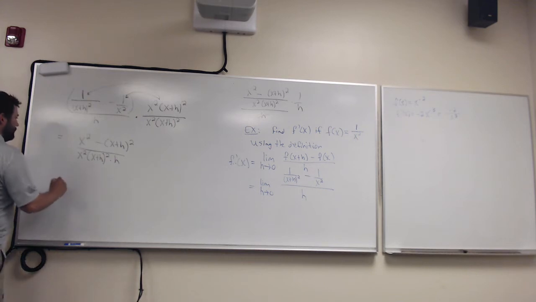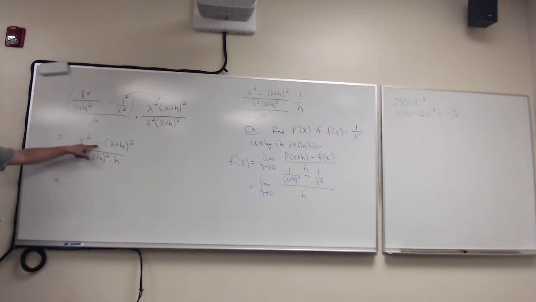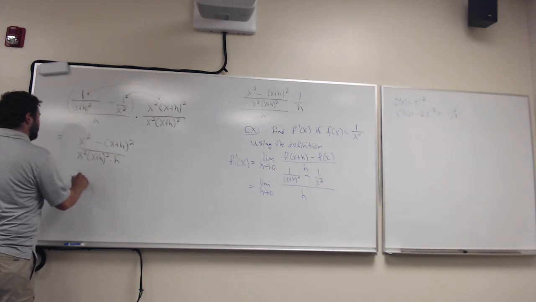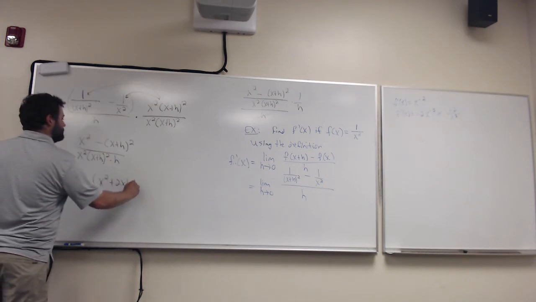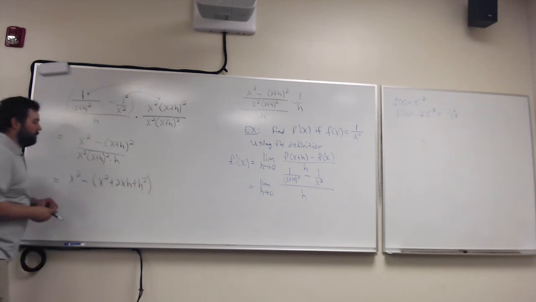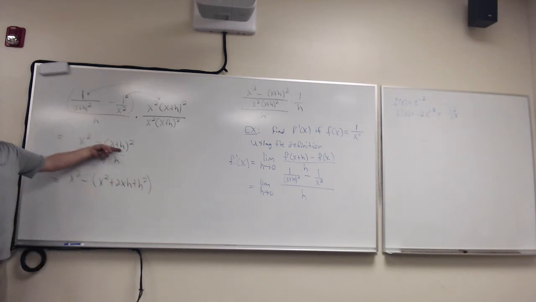And then now, from this step, what do I have to do up top? We can't distribute the negative yet. You have to multiply that, right? Yeah, we'll have to FOIL the x plus h squared. So you get x squared minus x squared plus 2xh plus h squared. Remember, the middle term is always just twice the product of x and h.